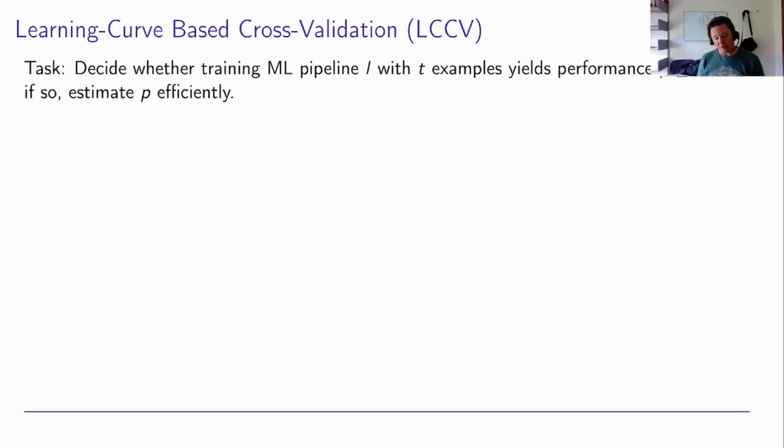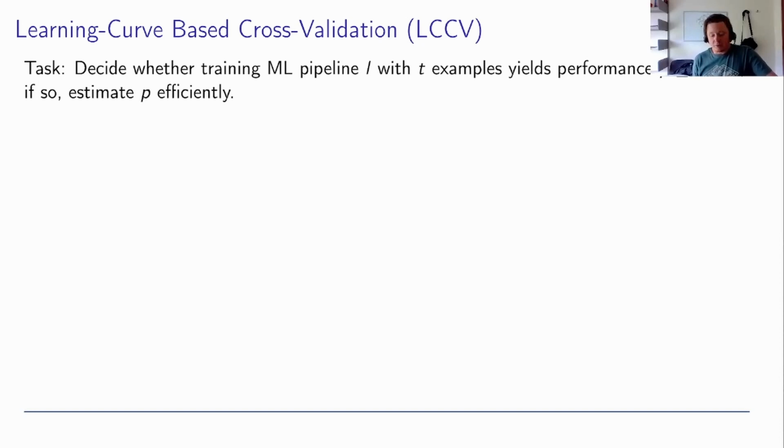You know a threshold tau, which is the best performance you have seen so far on any pipeline, and you have a number T of maximum training examples you can use for the purpose. You want to know what's the performance P of this machine learning pipeline L when you train on all the T examples. Typically T is 80 or 90% of the data you have available for the task.